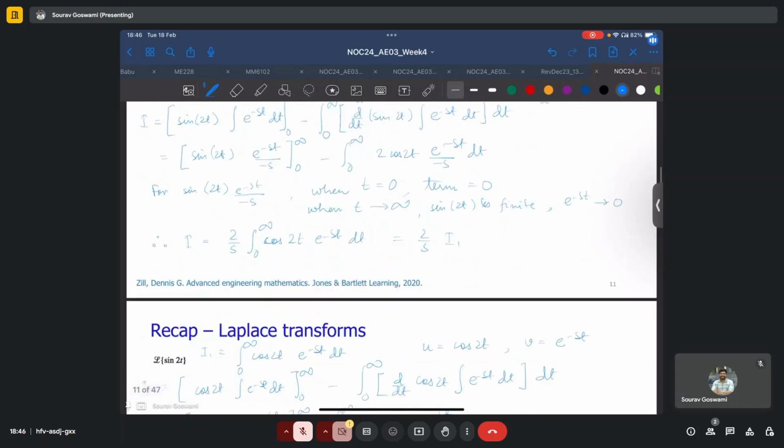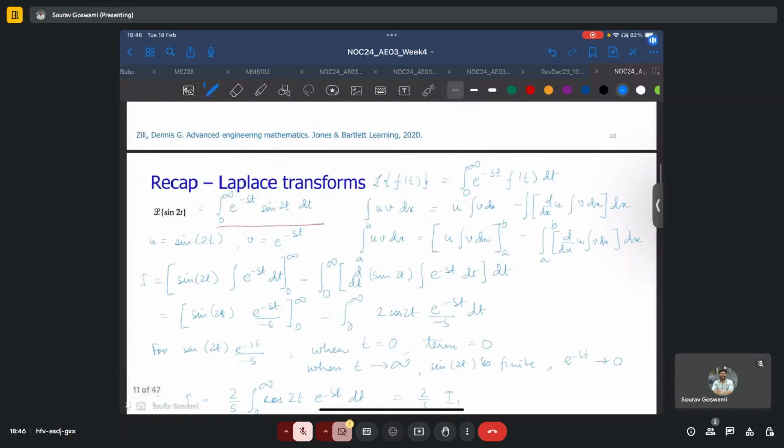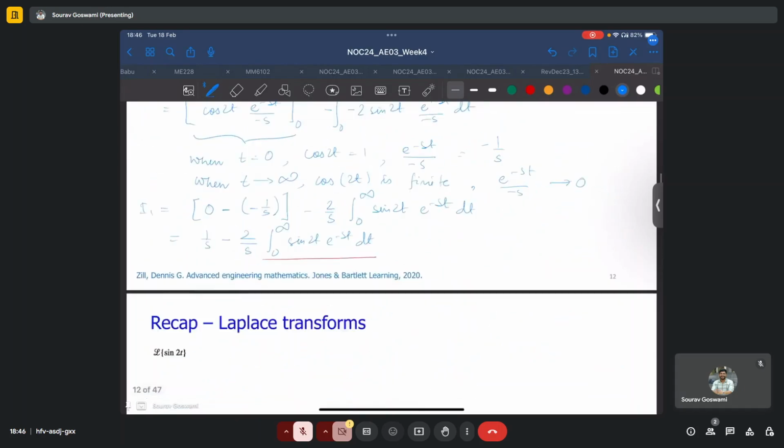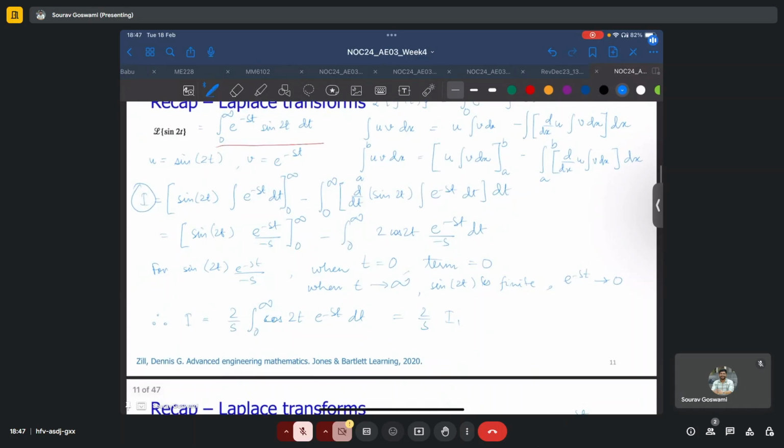And since we were denoting this integral with I, I1 equals 1 by s minus 2 by s times I. This is one of the equations. We also have another equation here, if you remember. We wrote that I equals 2 by s times I1.